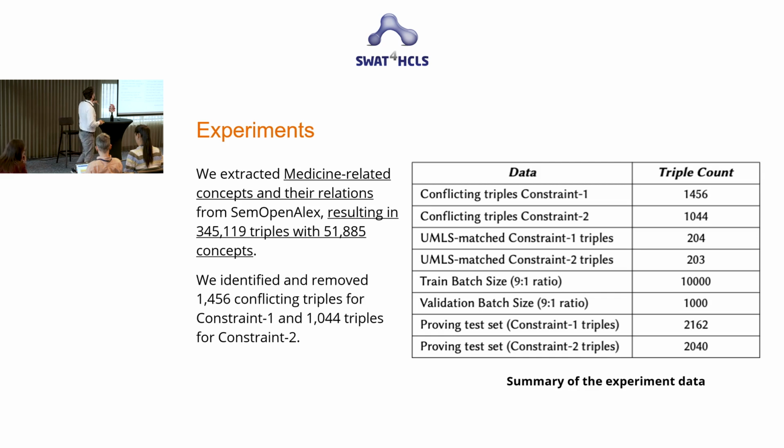So this is some statistics: how many constraints we find for constraint 1 type, constraint 2 type, and the matching concepts.